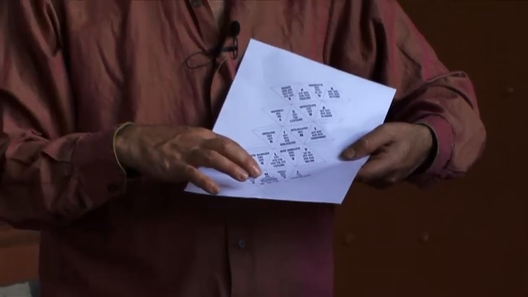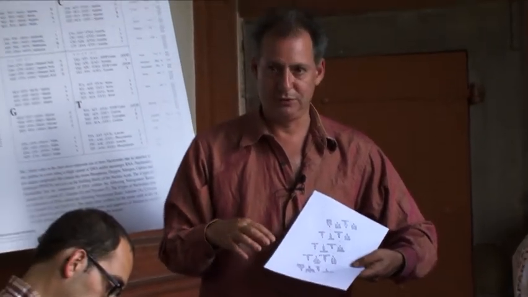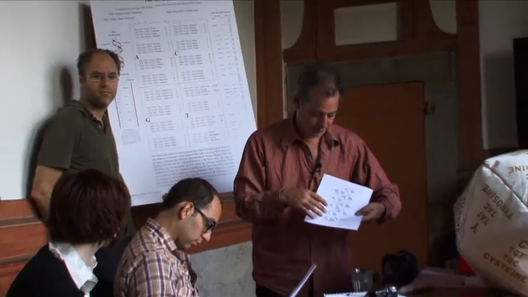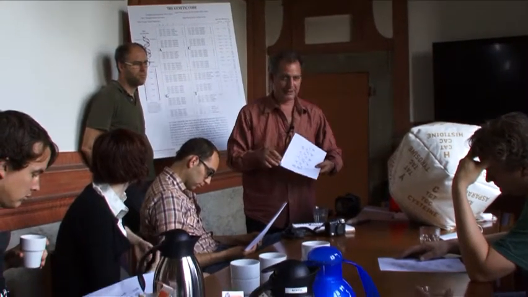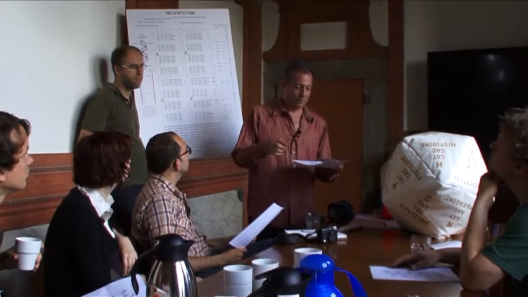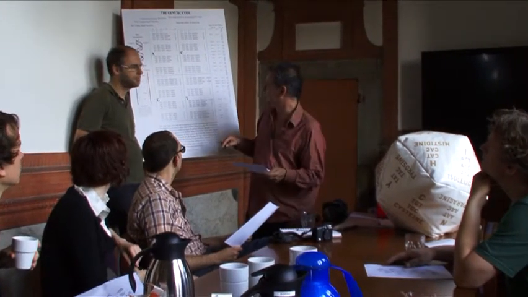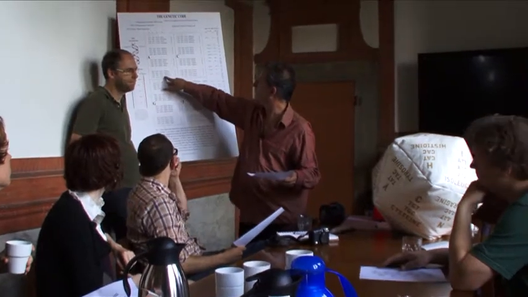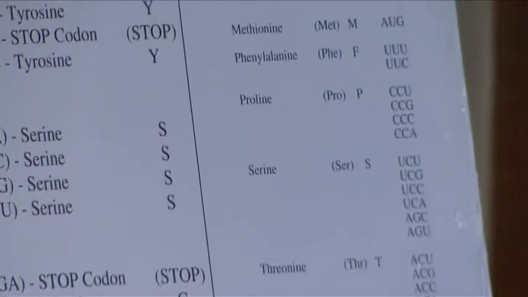M, methionine, ATG, or AUG if you're doing protein, where the uracil replaces the thymine. Anyway, when they search for genes, after making a big sequence of some organism, whether it's a human chromosome or a yeast cell or a worm gene, they look for ATG or AUG, methionine, because that's a start.